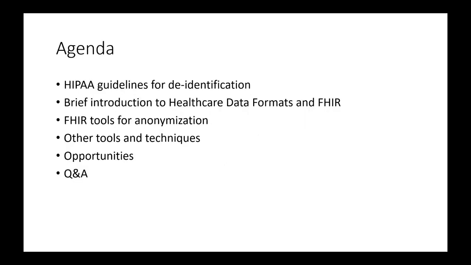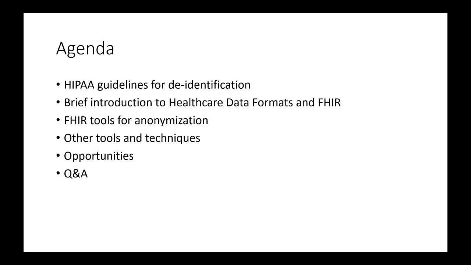So today's agenda: we will talk about HIPAA guidelines for de-identification at a high level. Then we will talk about what kinds of different data formats we see in healthcare and what is new in FHIR, which is a very common and very popular healthcare data standard now. Then we'll talk about FHIR Tools for anonymization.